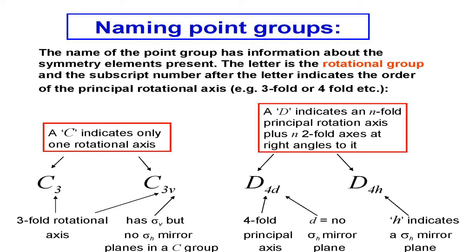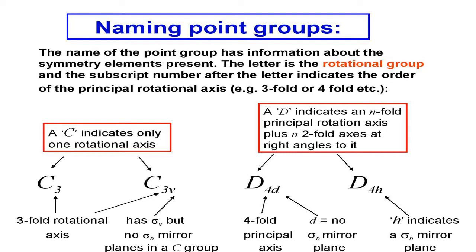And also if you look into the C3V of the molecule, the C indicates the rotational axis, 3 indicates the threefold rotational axis and the V indicates the vertical plane of symmetry of a particular molecule.